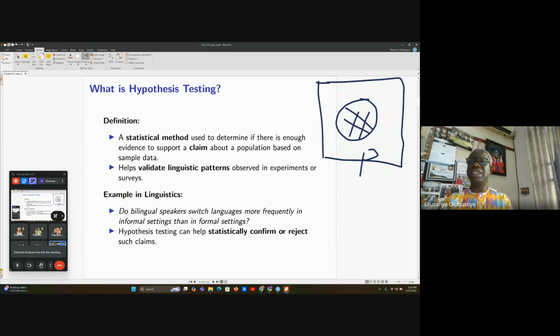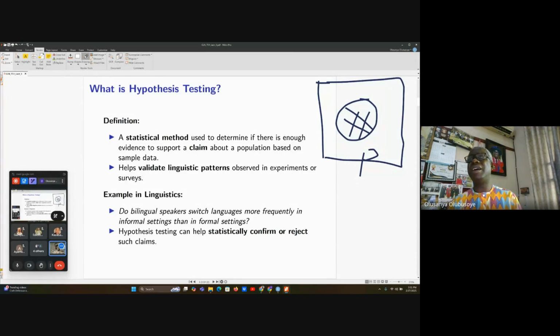So we can make a claim about this population and say the average speech rate of students in linguistic class is maybe 150.